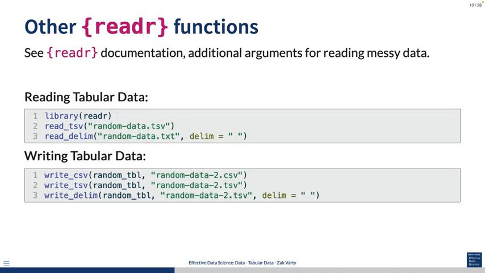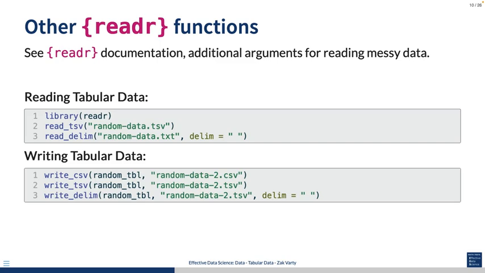So readr doesn't just provide us functionality to read in CSVs, it provides many more functions for reading in different types of data, and it gives us additional arguments to these functions that can be really helpful when we're reading in messy or non-standard tabular data.